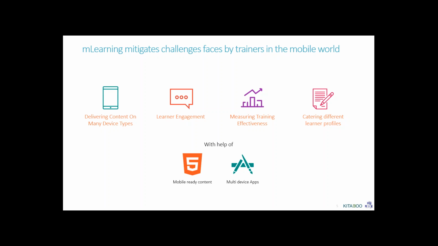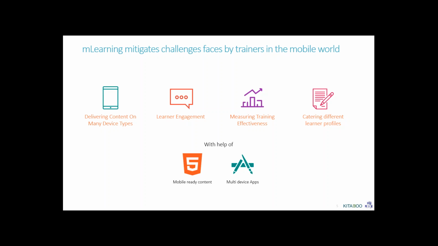Now, another very important thing is that in a typical classroom setup, you're addressing the whole group as one. Mobile is an avenue to create different learner profiles, address each learner within a group differently, provide different content to people within the same group, and then track the consumption of that content.